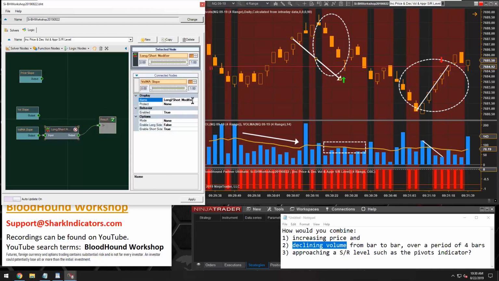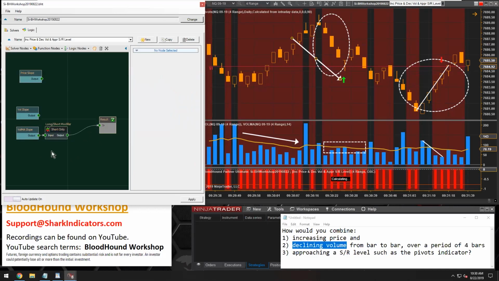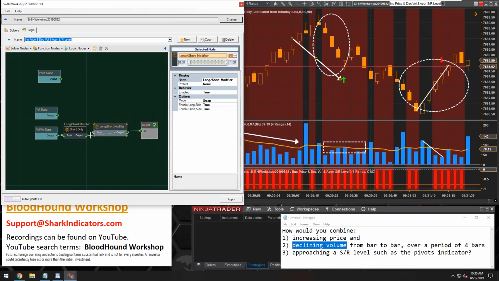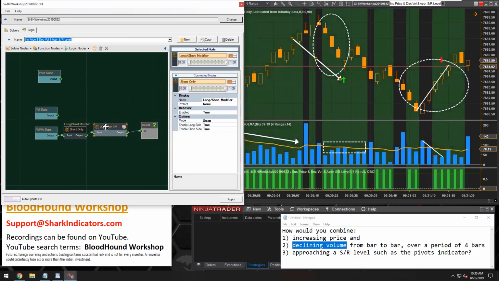and here, let's name this. So, all right, so let's see, this is basically giving us short only, right? And we're going to grab another long short modifier so that we can modify the output even further. And let's connect that all together.